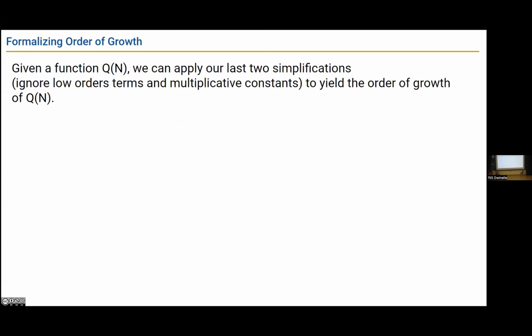So let's formalize this, not just for this duplication function, but for everything. Given a function, we can apply these simplifications to yield its order of growth. So if we take 3n cubed plus n squared, what's the order of growth of this? N cubed. Yep. We just get rid of everything except for the most significant term.